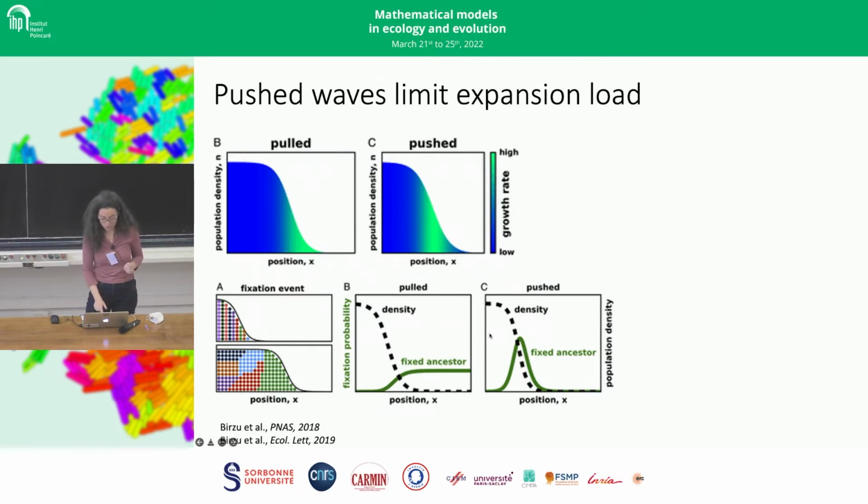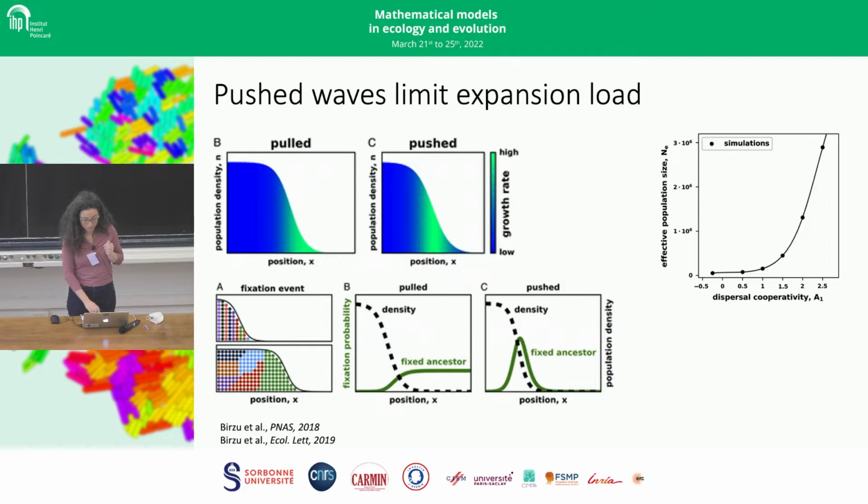The competition between those two effects gives a probability distribution that has this kind of bell shape here, where the individuals that are most likely to fix at the front are not really at the front, they're a bit in the back, because they have this advantage of going faster.